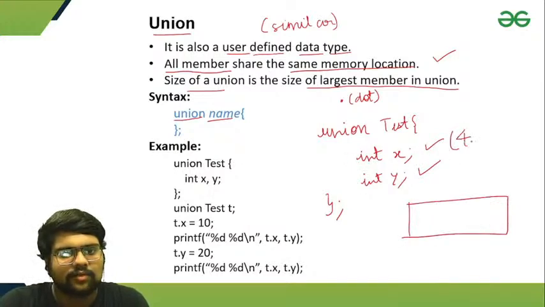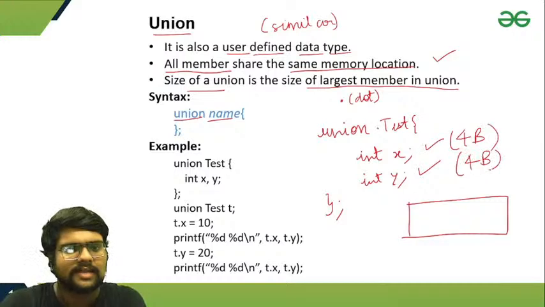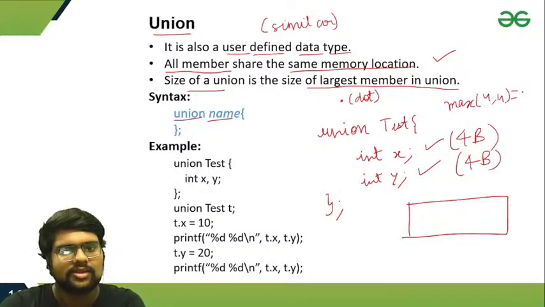Since integer x is 4 bytes and integer y is also 4 bytes, the size of the union will be the maximum of these two values. The maximum of 4 comma 4 is 4, so the size of this union will be 4 bytes.